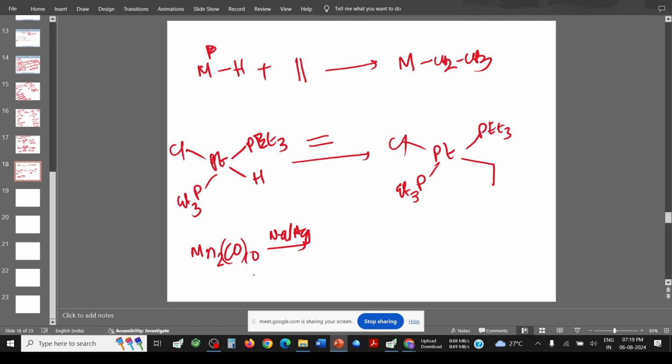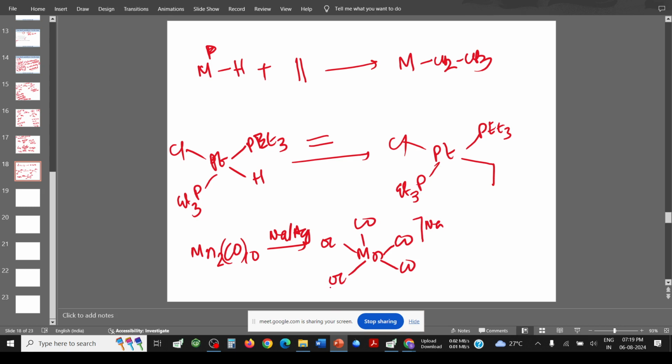This sodium amalgam is a very useful reagent to reduce metals because it is a very electron rich system and it is used to reduce the metal center to have Mn(CO)5 Na.